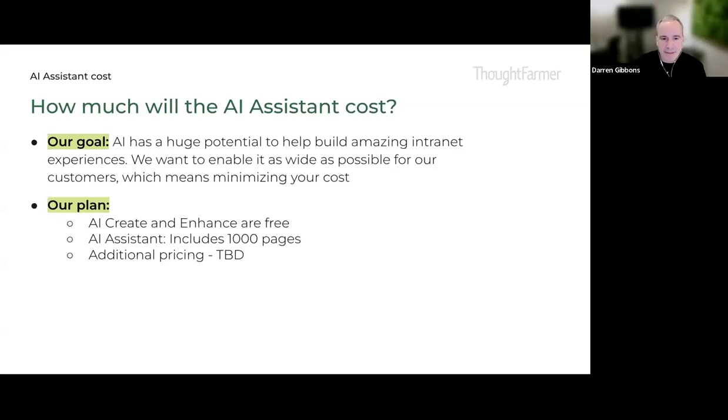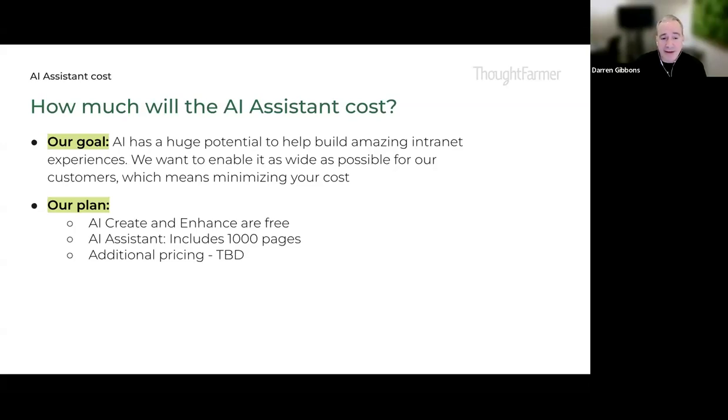Now, taking a step back here, we feel that AI has a huge potential to help build amazing intranet experiences, and we want to enable it as widely as possible for our customers, which means minimizing your costs. So we recognize that if we had a high cost, we didn't want to have AI as a paid add-on because we knew that would be a limit for organizations to roll it out there.